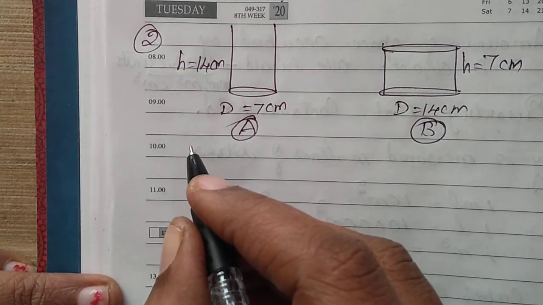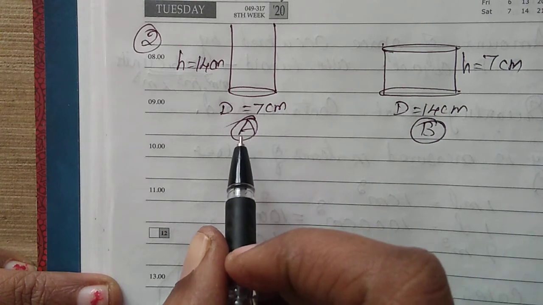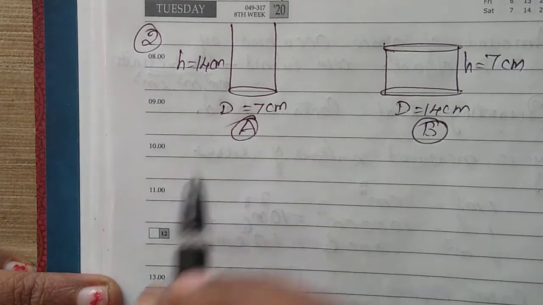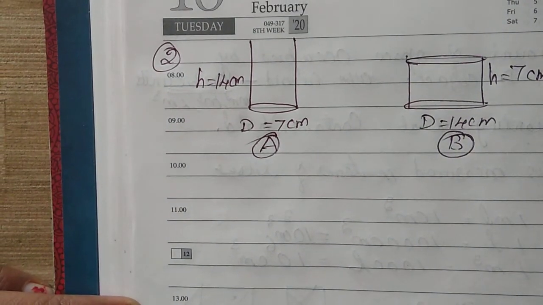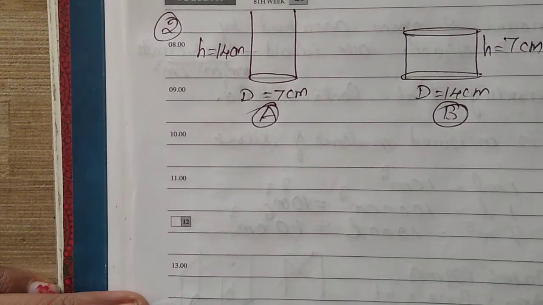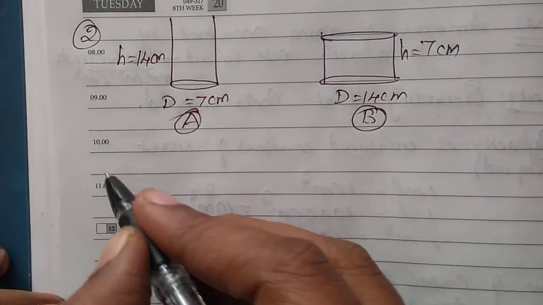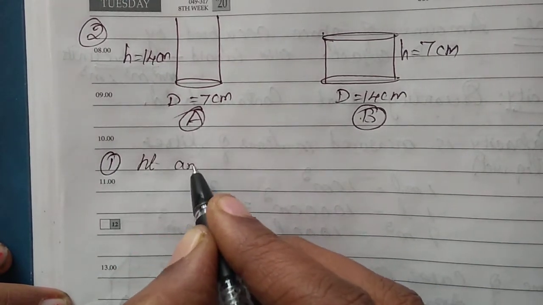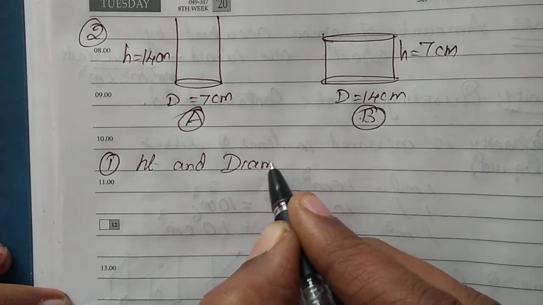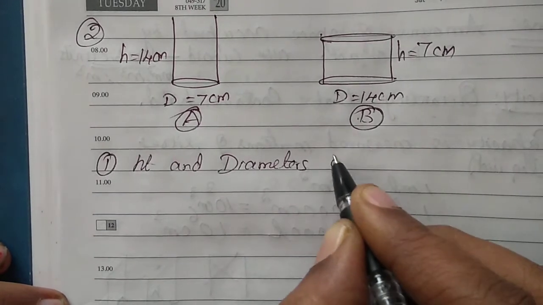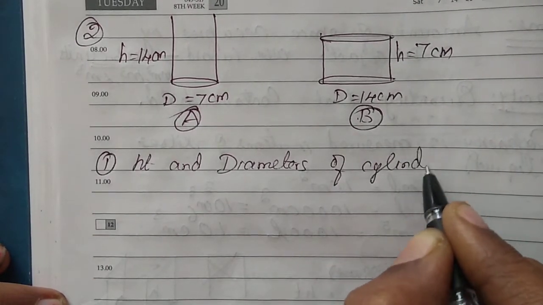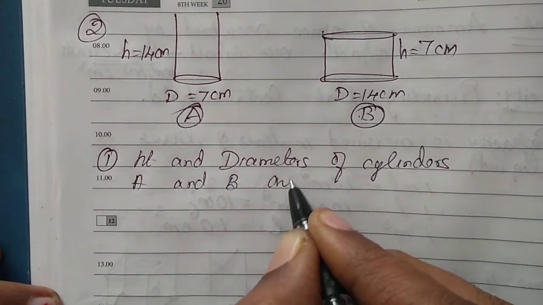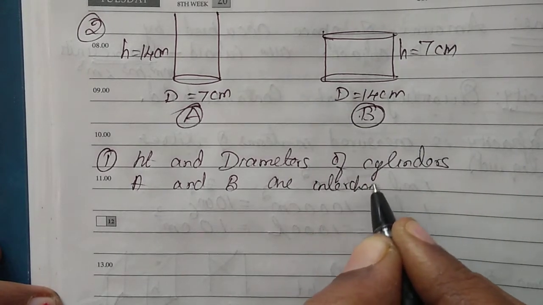In volume of cylinder, the radius is multiplied by squaring it, is it not? So I'll write it now for you. We know from both the diagrams, the heights and diameters of cylinders A and B are interchanged, is it not?